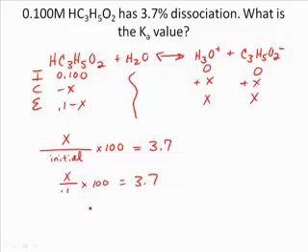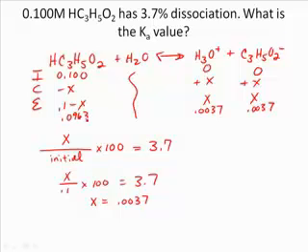And so that gives me 3.7 divided by 100 and times 0.1. So I'm getting an x of 0.0037. Okay, so I'm going to plug that back up in here. And then 0.1 minus 0.0037 is 0.0963.